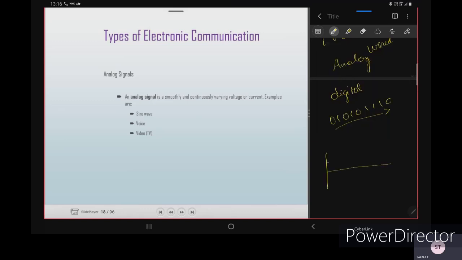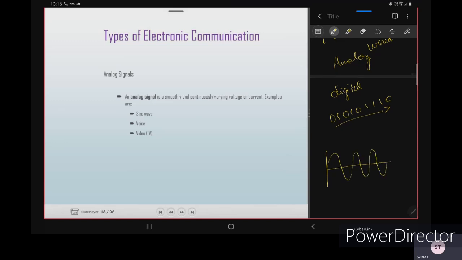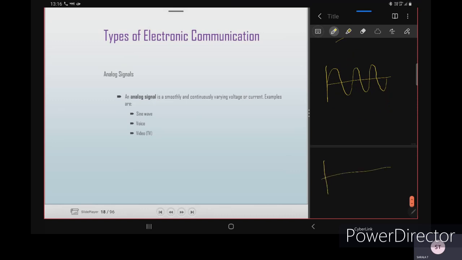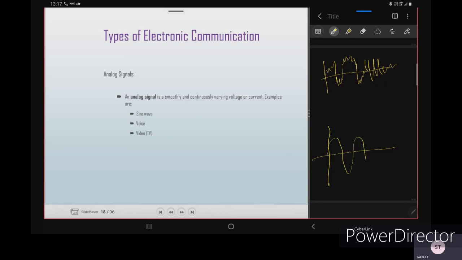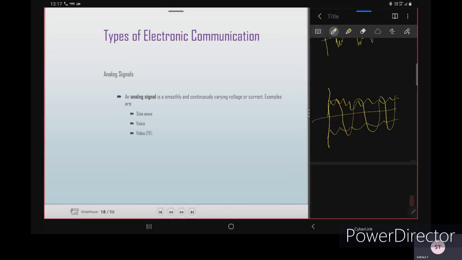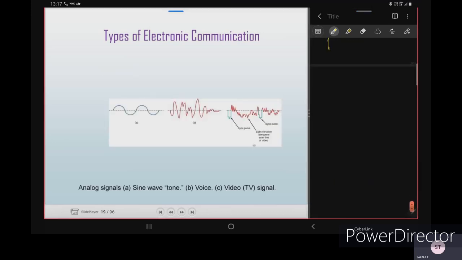You can see this is your sine wave. If I go for voice, normally you will have a lot of jitter in the voice signal because of the variation in the pitch of the voice. And a video signal comes with your audio signal. That's why you can go with audio and video voiceovers also.